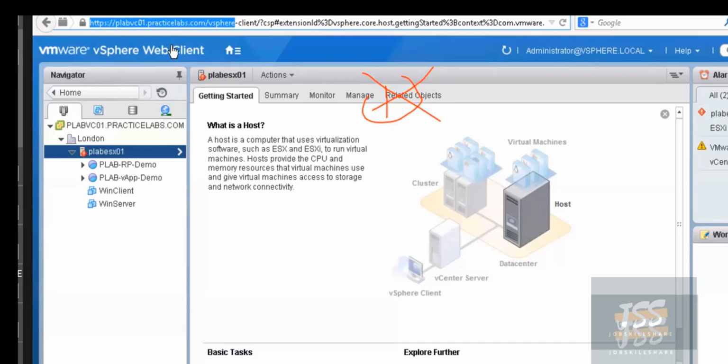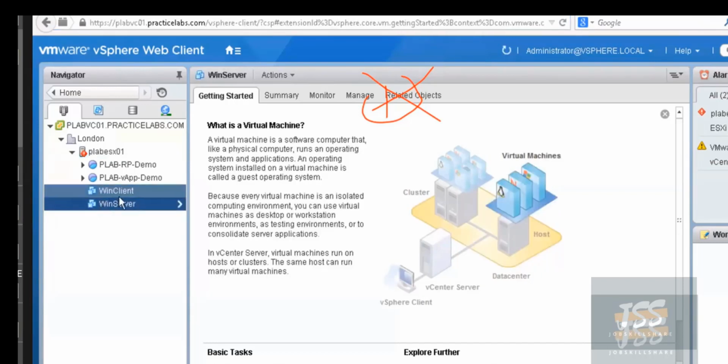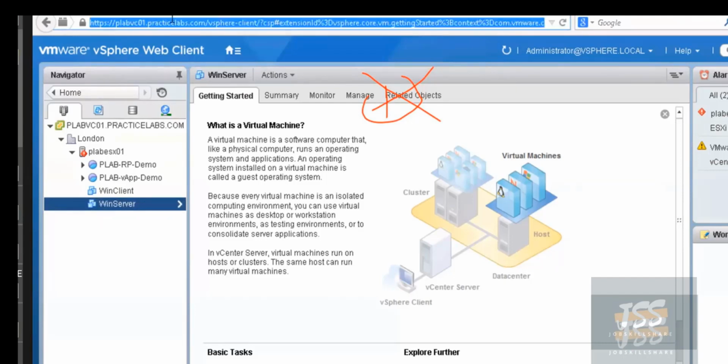No. If my domain controller is down, which is also a VM in one of these ESXis, and my vCenter is dependent on that domain controller, but I cannot get to the vCenter now, what is my other solution? Take a step back from this. Where is my hardware running? How can I get to the ESXis now?